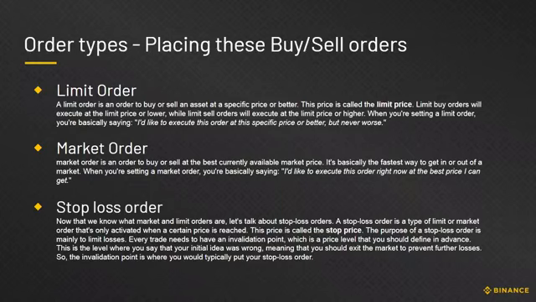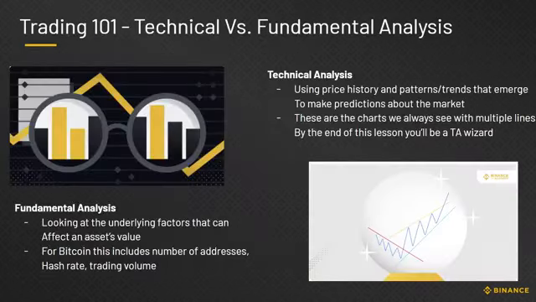You say, this is the amount I want to get out at in case something goes wrong, because you're buying and selling. This is the level where you say that your initial idea was wrong. That's the stop loss order, meaning that you should exit the market to prevent further losses. So the invalidation point is where you typically put your stop loss order.